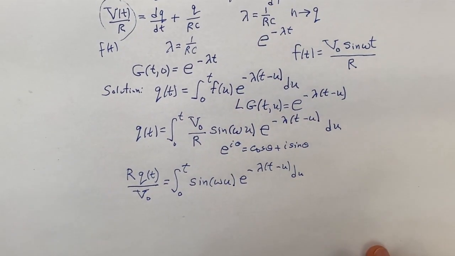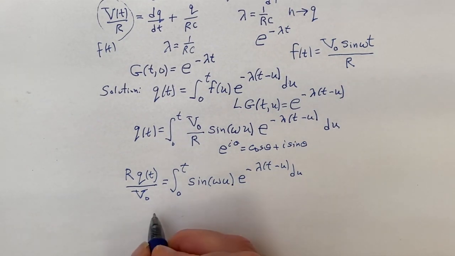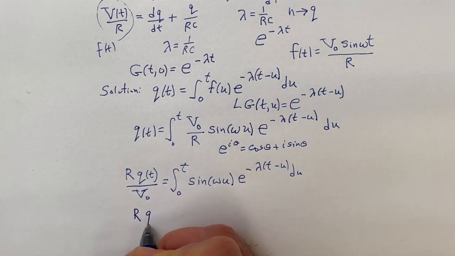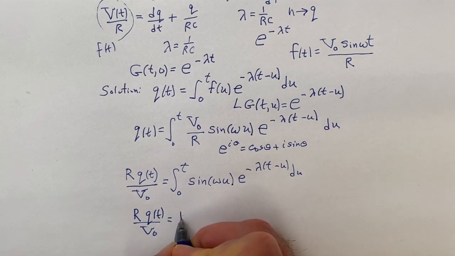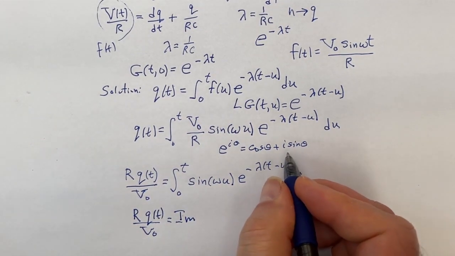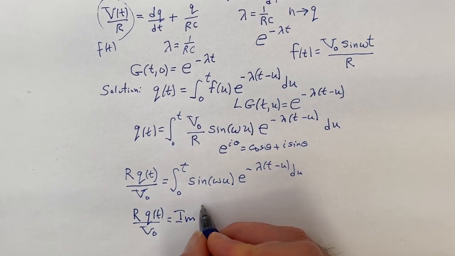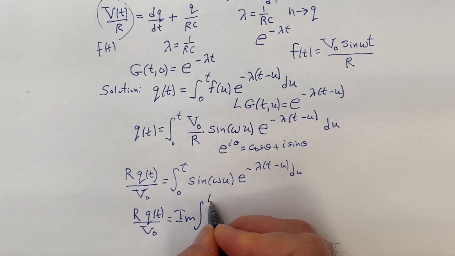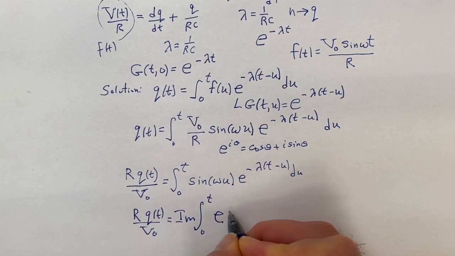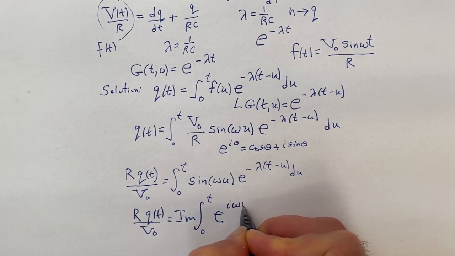And now it's time for Euler. So when we do Euler, we'll want the imaginary part, which is going to be the sine part. The imaginary part, from 0 to t, of e to the i omega u.